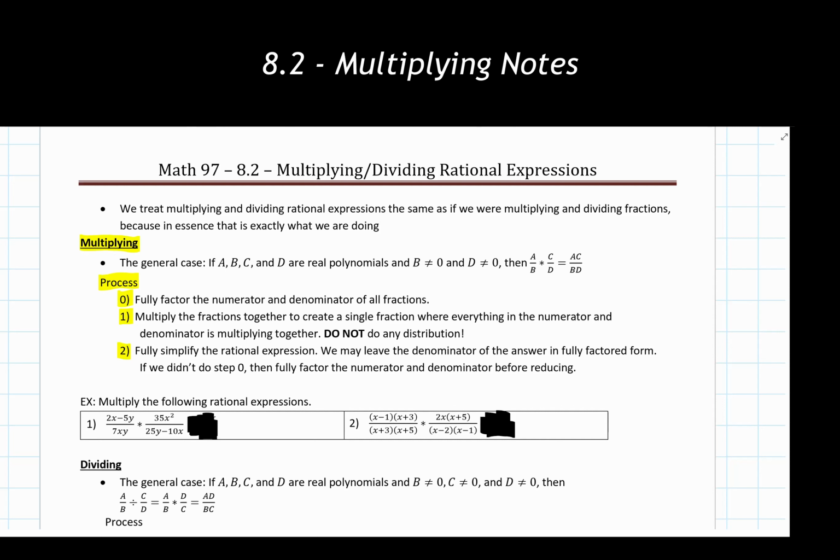The reason we want to do this is because, similar to when we have fractions multiplying together, we could do cross cancellation. Well, that same thing is available to us now, and we can cross cancel parts of these fully factored polynomials. And we are welcome to do that in this step 0. But that requires us to first fully factor everything.